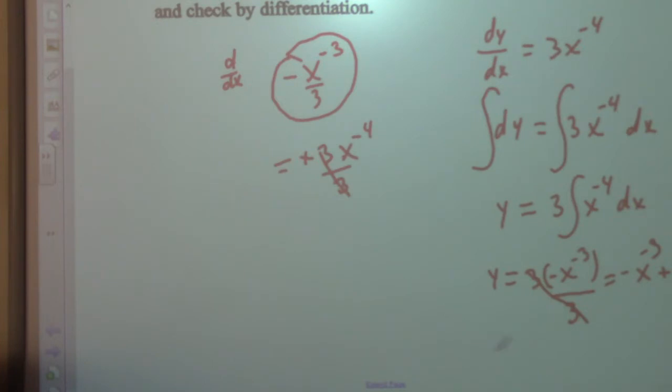So what we get here is our answer: y is equal to negative, and you can write it as -1 over x to the 3rd power plus c. And so this is what's called a general solution. Because just like the ones that Emma and the others were working on yesterday, we didn't know what that was.